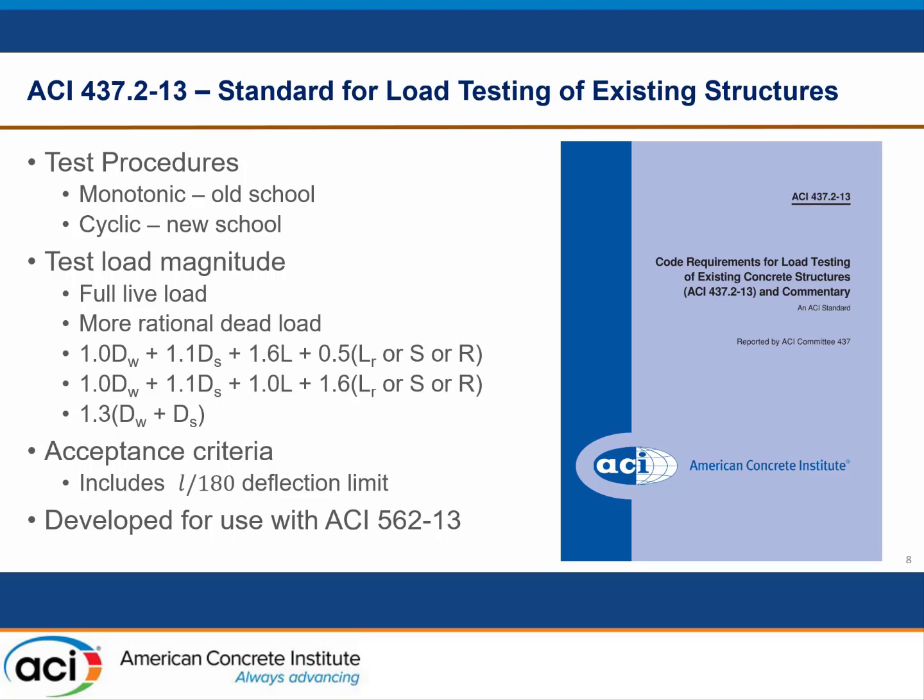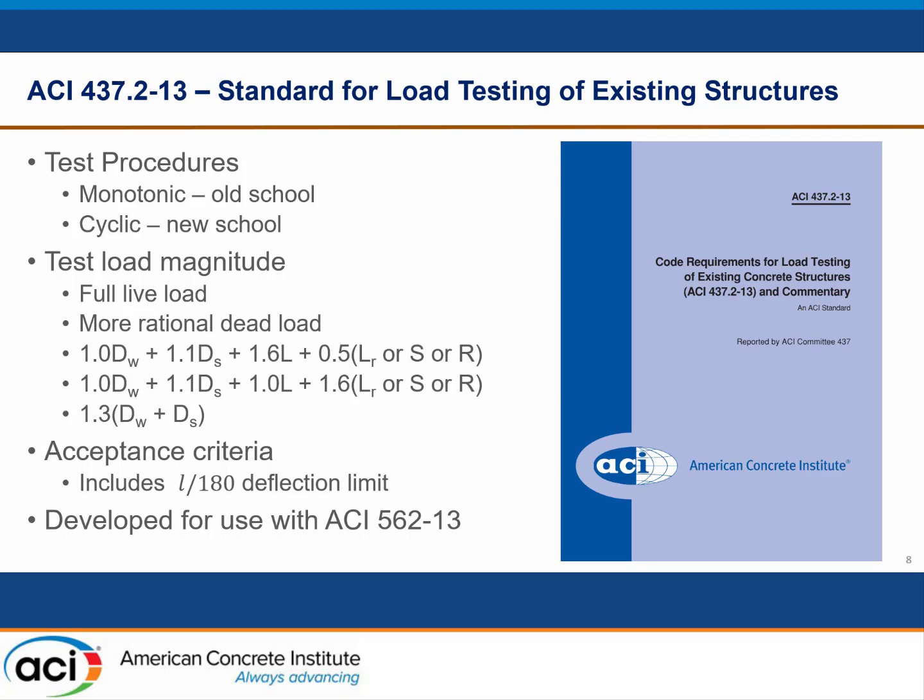The acceptance criteria for the monotonic were very similar to what we saw previously, but it also included an upper limit of L over 180 on deflection. That causes all sorts of problems because people just don't like that. We'll talk a little bit more about that. And it was specifically developed for use with the ACI 562 code. Another example of radical change that occurred in a short amount of time.